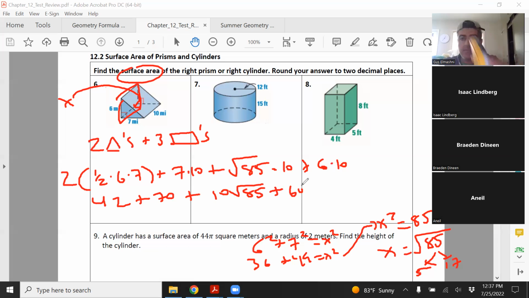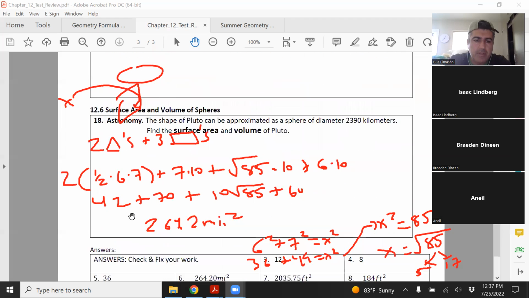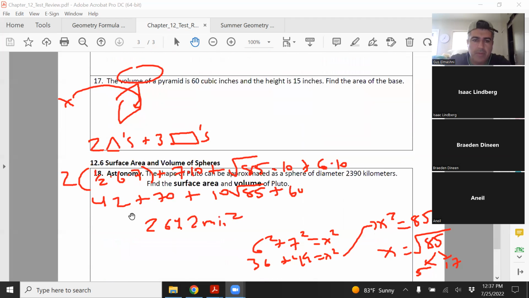And if you use a calculator, you should get about 264.2. And miles squared, that's kind of weird. Let me look at the answer key to make sure we got it right. Yep, 264.2.